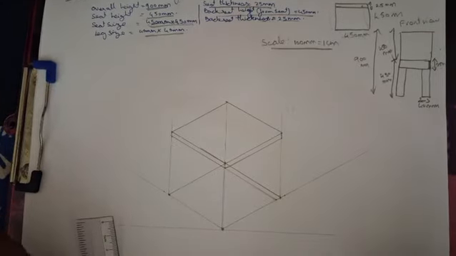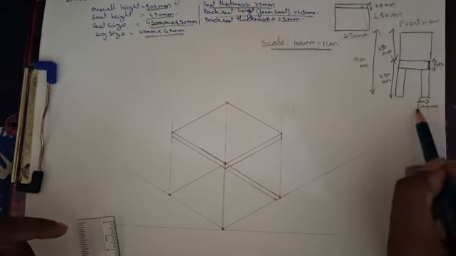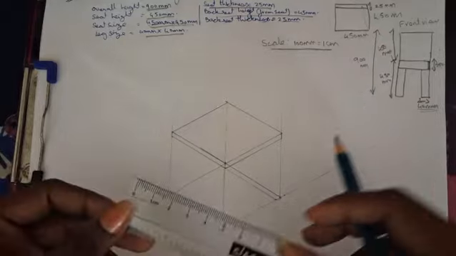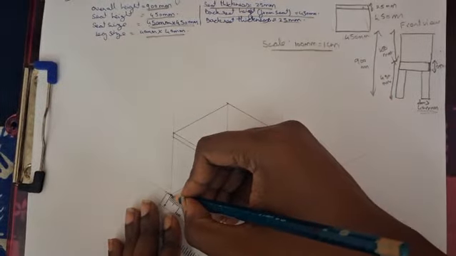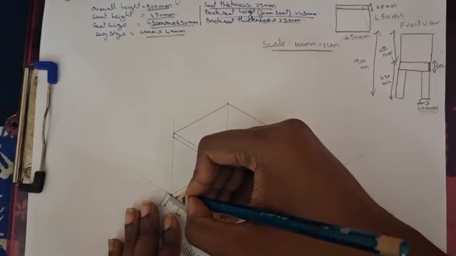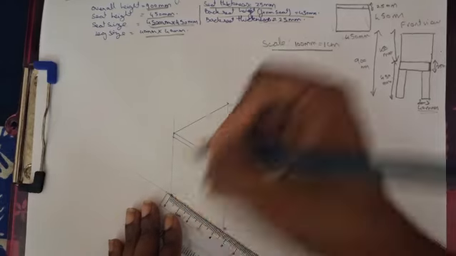Now we are going to draw the leg. The thickness of the leg is 40 mm. So I am going to mark 0.4 centimeter.